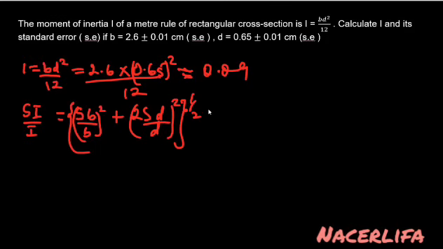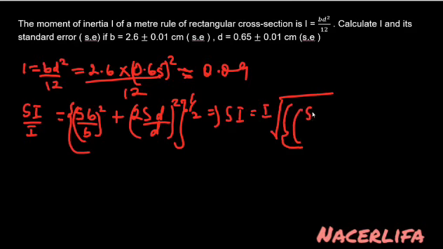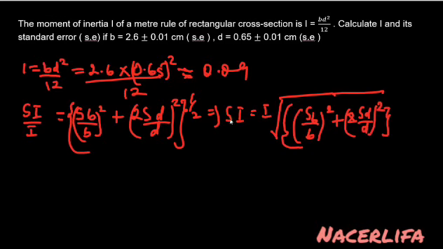So going further, we have that the standard error in I is I times the square root of the standard error in B upon B, squared, plus 2 times the standard error in D upon D, squared.